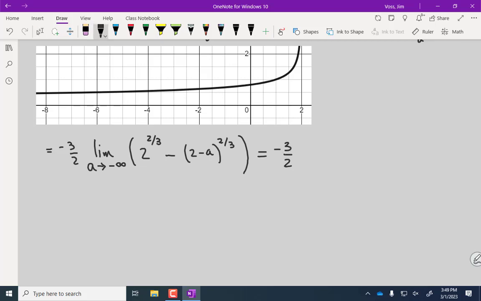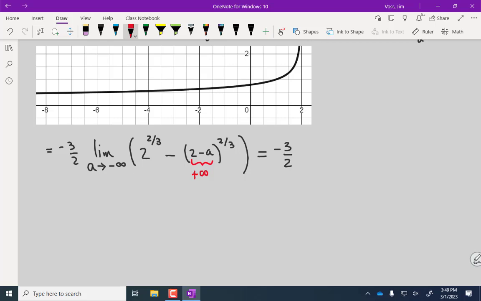Now usually with these, you want to start on the inside and go out. So come all the way in here. If a is going to go to negative infinity, where is 2 minus a going to go? Positive infinity. Right? 2 minus negative infinity is going to go to positive infinity.